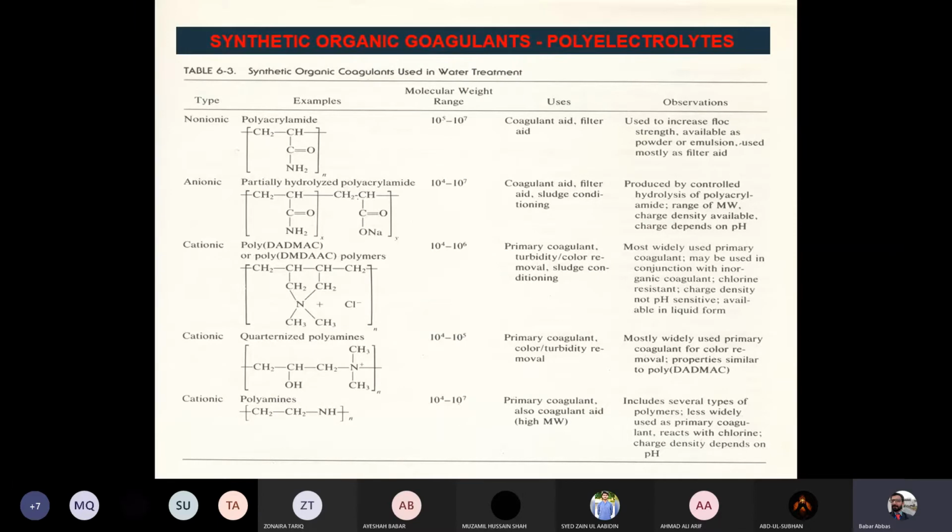These are the basic chemical structures of all these species or the coagulants: non-ionic, anionic, cationic. Their formula, their molecular weight range, their uses, and after using, their observation regarding their performance or efficiency.